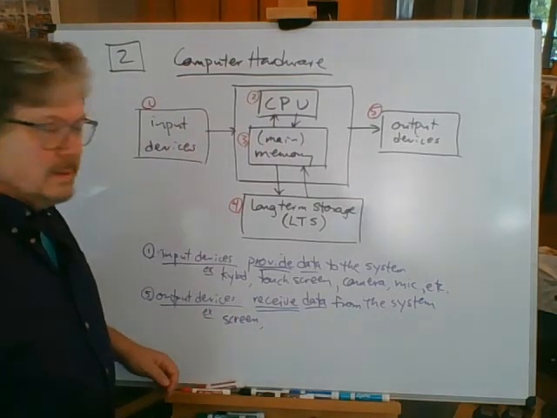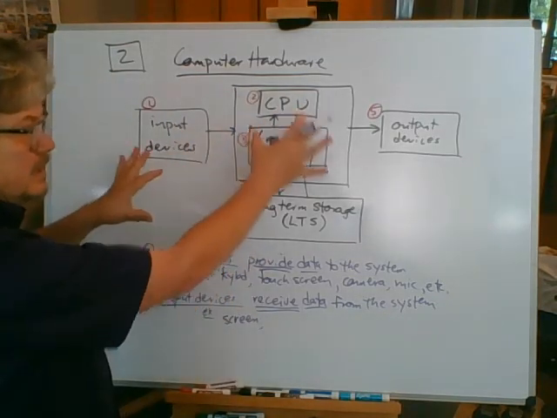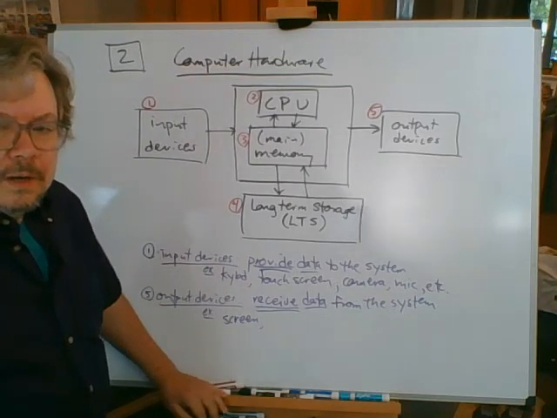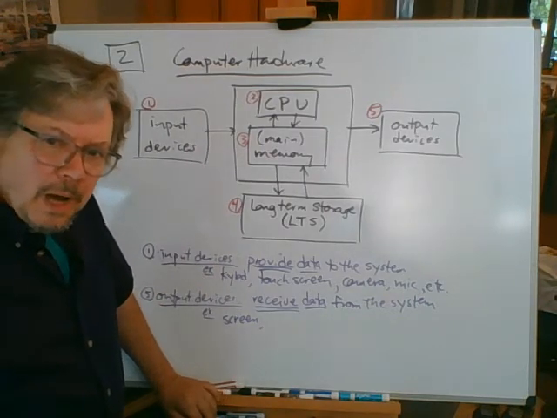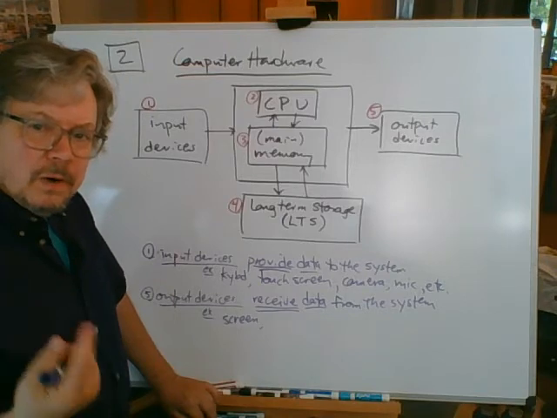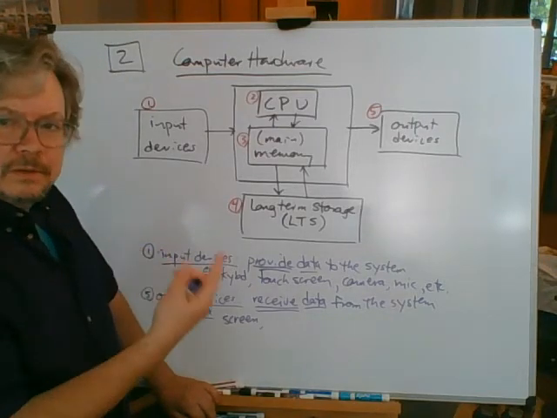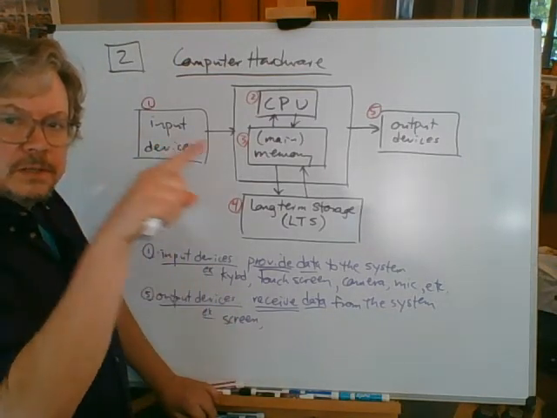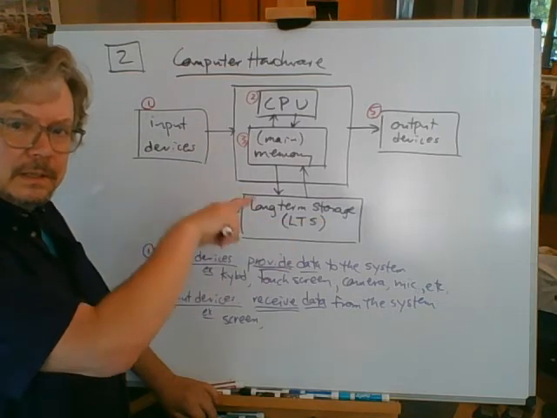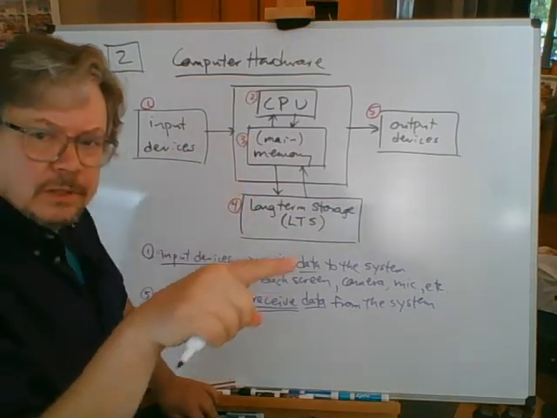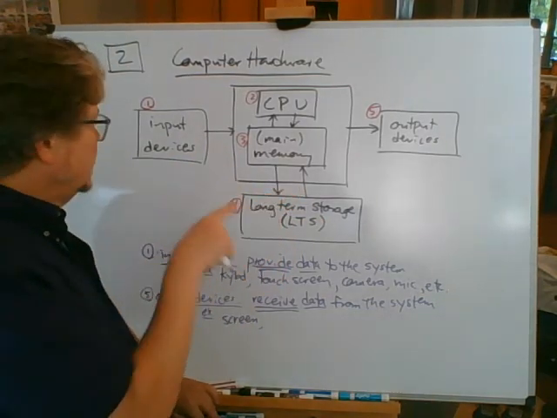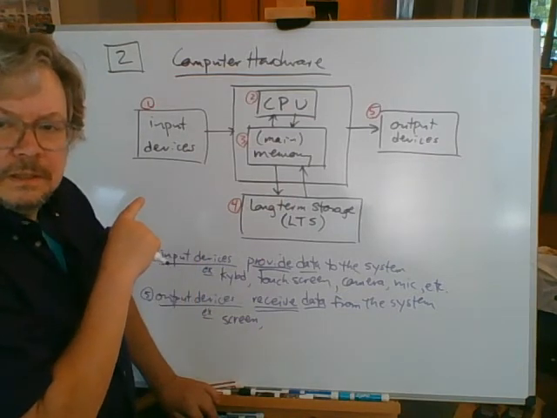Well, here's the deal. These are abstract descriptions of hardware components. And it's possible that some pieces of hardware can actually play different roles at different times. When you are touching the screen, touching buttons on there to mute the professor because you're sick of hearing his voice on the videos, then it's an input device.